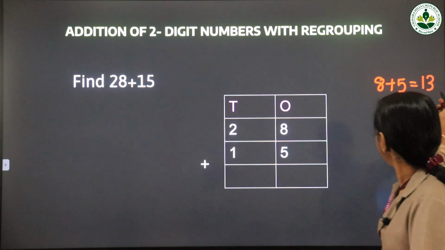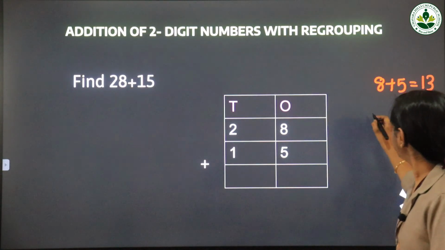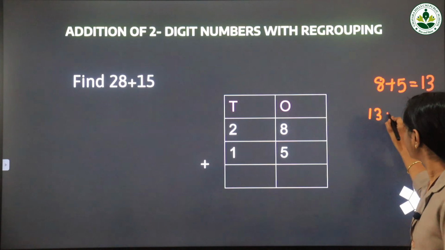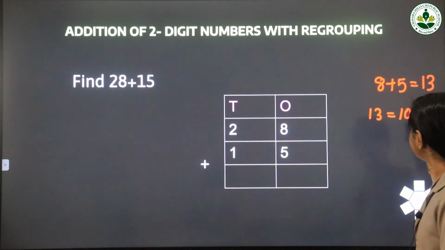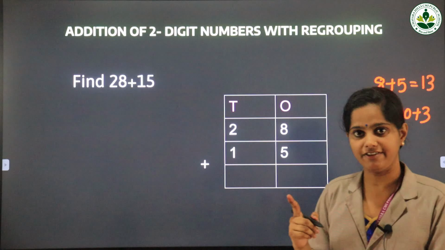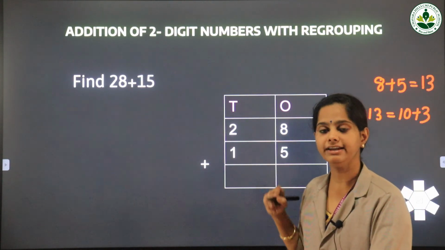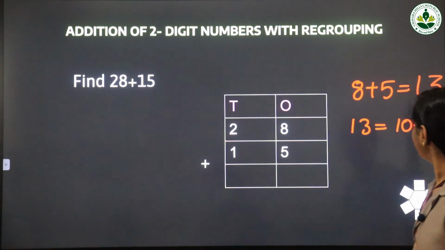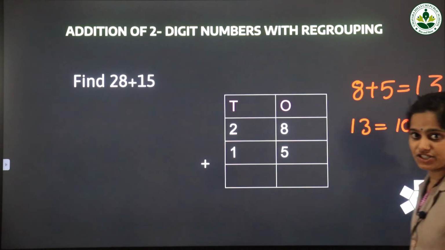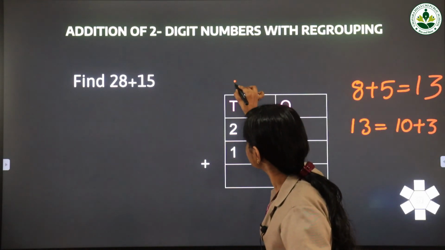We cannot write this 2-digit number in the ones place. So, we regroup 13 as 10 plus 3. We know that 13 has 1 ten and 3 ones. So, we carry over the tens digit and write it above the tens column.